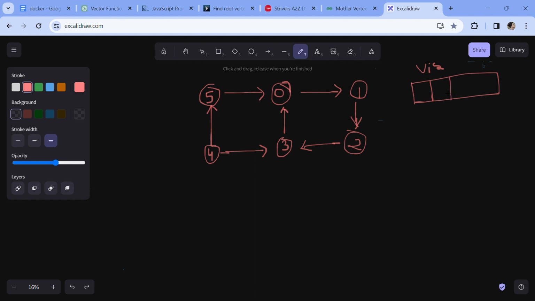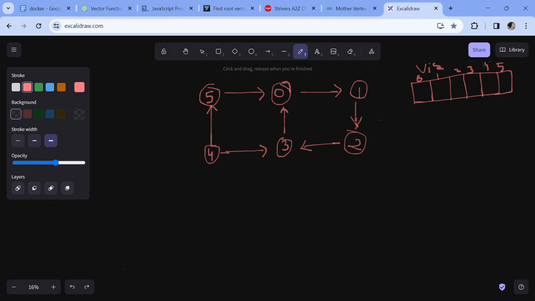There are six nodes, so the size of the visited array will be 6. The indexes start from 0 and go from 0 to 5.